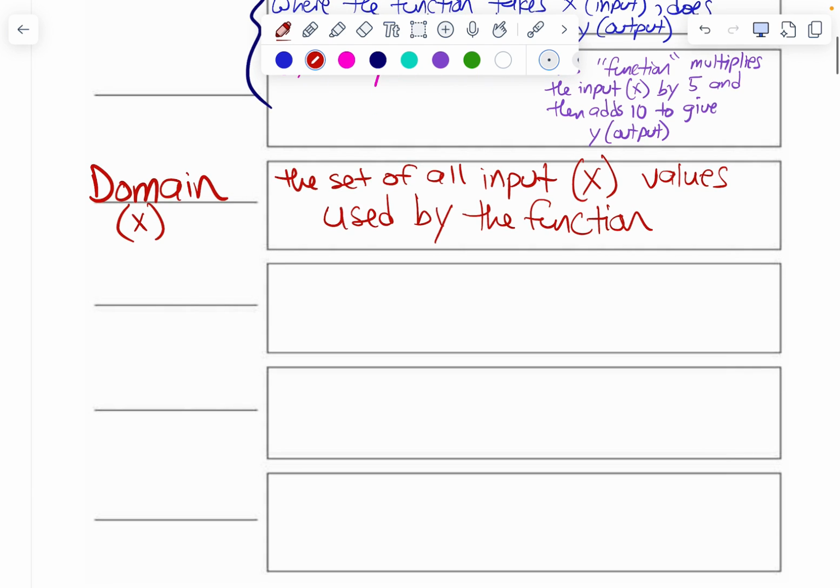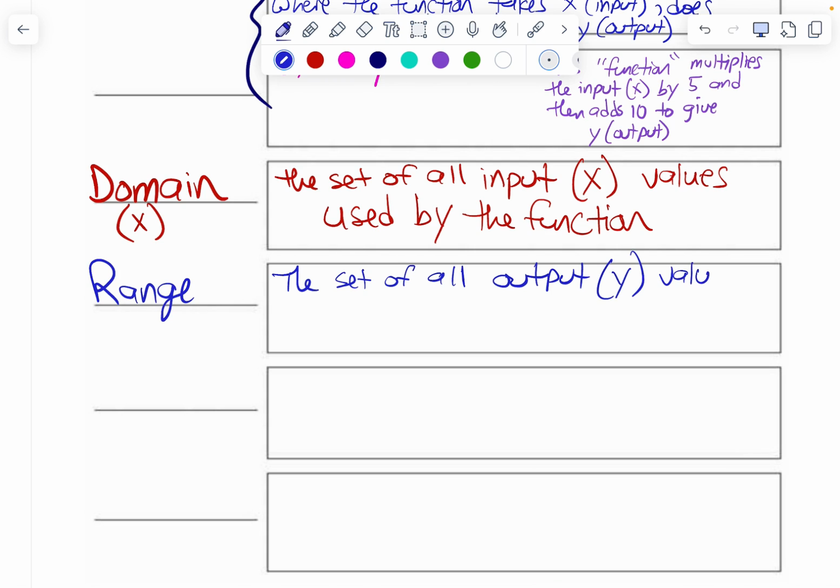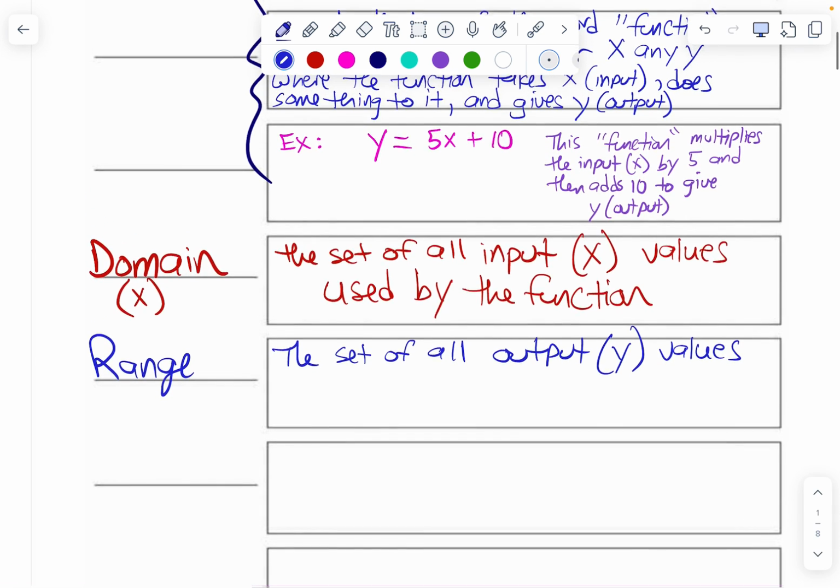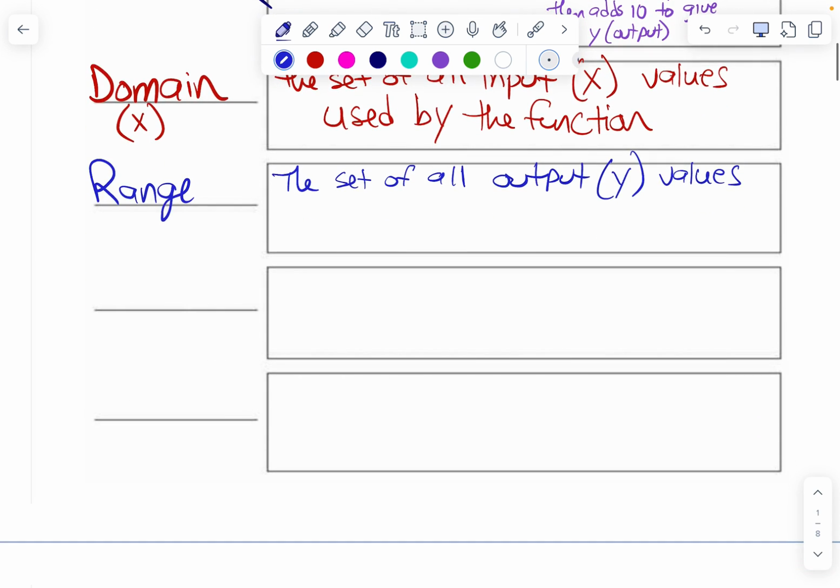And range, I'm assuming, is the opposite. It's y. Indeed. Range is the set of all output, which is y values. Now we can't say used by the function, we have to say produced or created.